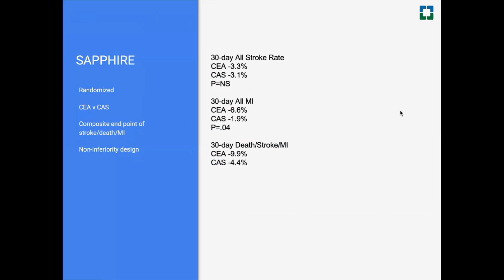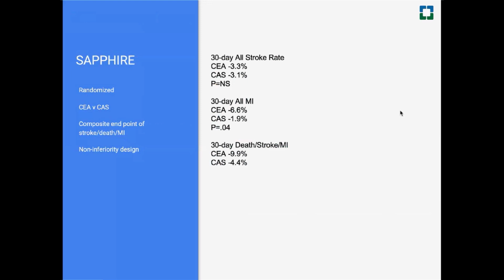The SAPPHIRE trial was the one that, back in the day, was most pointed to by cardiologists, as it was most favorable to angioplasty and stenting. It was randomized, carotid endarterectomy versus angioplasty and stenting, and had the composite endpoints of stroke, death, and MI. Again, composite endpointing allowed for a smaller enrollment number, but caused some controversy.